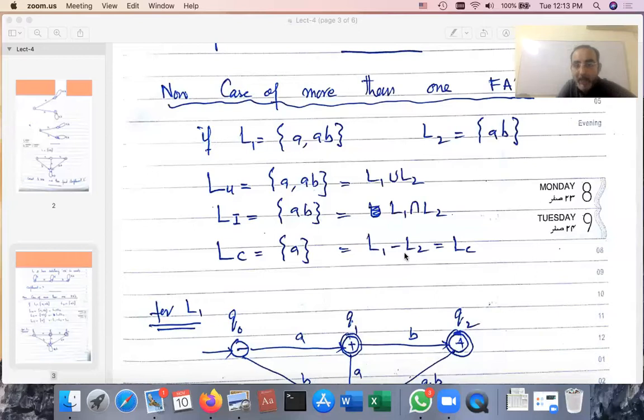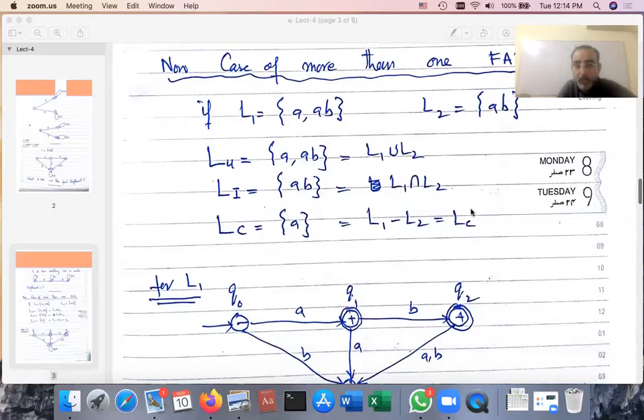So L1 minus L2 is basically the complement of that language. So this is one set and this is L2. Subtract these elements from this set, and you are left with only A. So this is the complement.